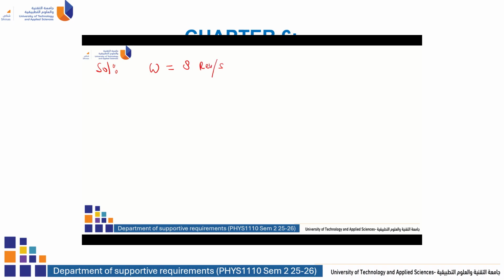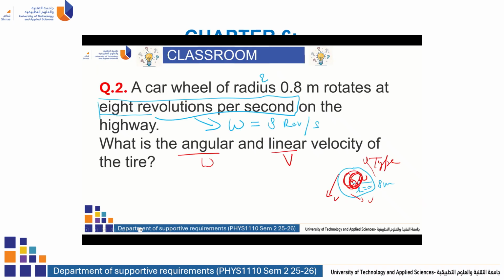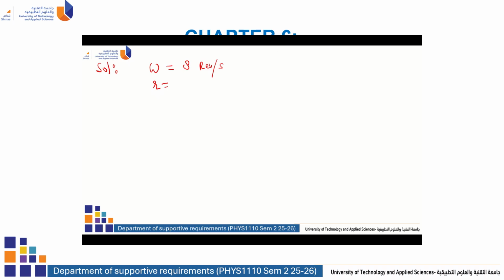And the value of the radius of the tire is given, 0.8 meter. These two values are given. The standard unit for this omega is radian over second, so I need to write this information in terms of radian over second.